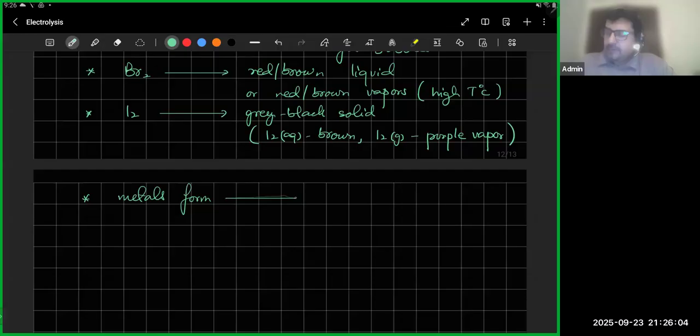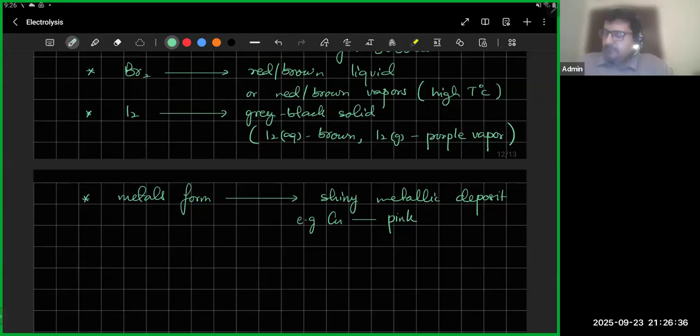then what are you going to write? You're going to write that it's a shiny metallic deposit, and especially if it's copper, it's going to be pink in color.